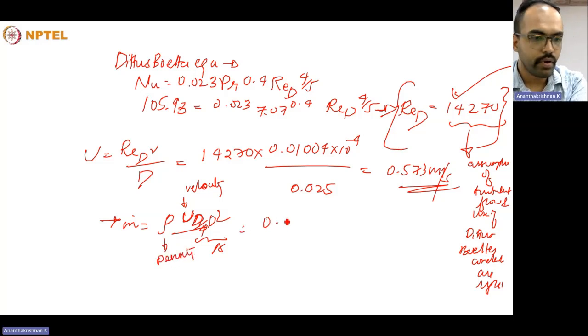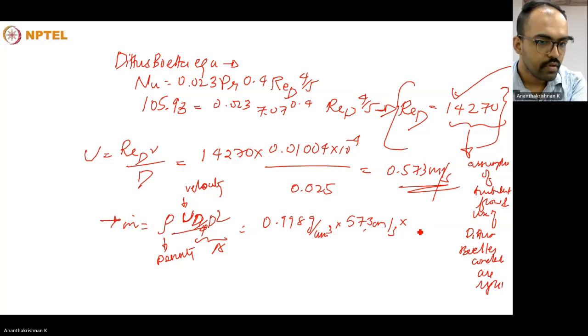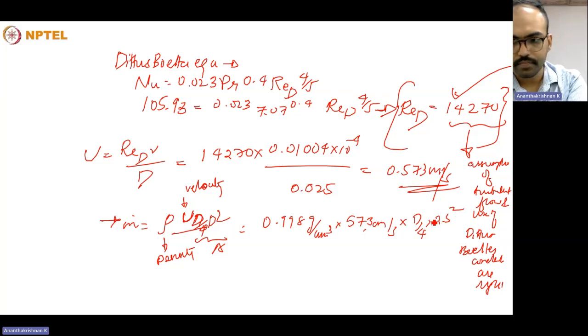Rho is 0.998 gram per centimeter cube, U is 57.3 centimeter per second, and pi by 4 times the diameter 2.5 squared.